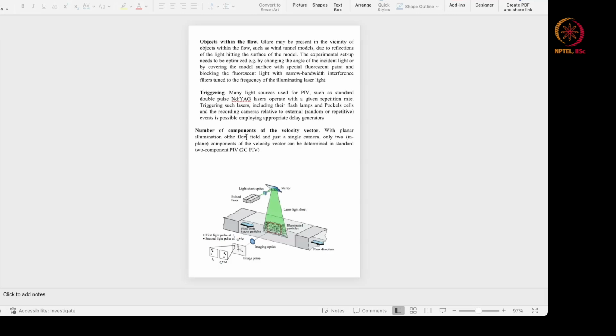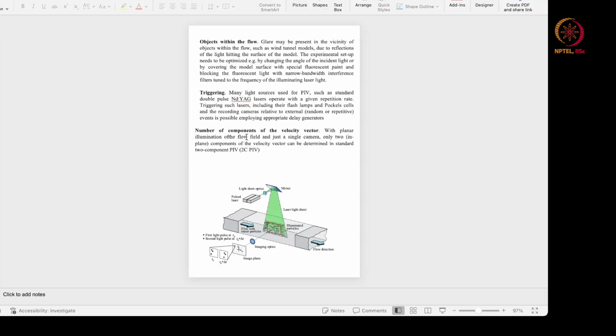As a result, it can create a problem. So therefore, you coat it with fluorescence so that whichever light falls on that particular object painted with a fluorescence paint will now have a different emission wavelength. As a result, if you use a narrow bandpass filter, you should be able to collect only the laser light, which now should be coming from the tracer particles.